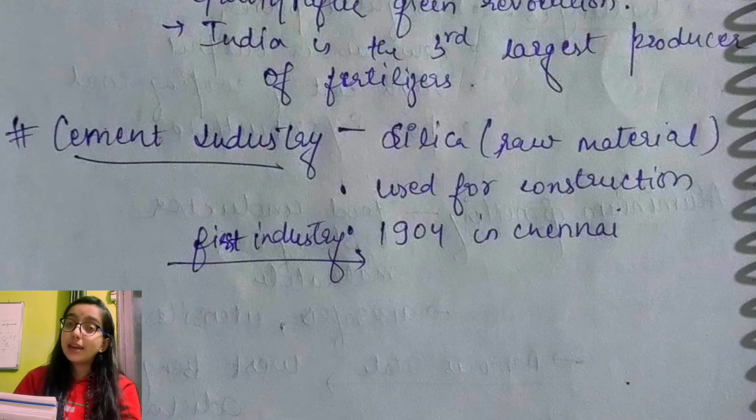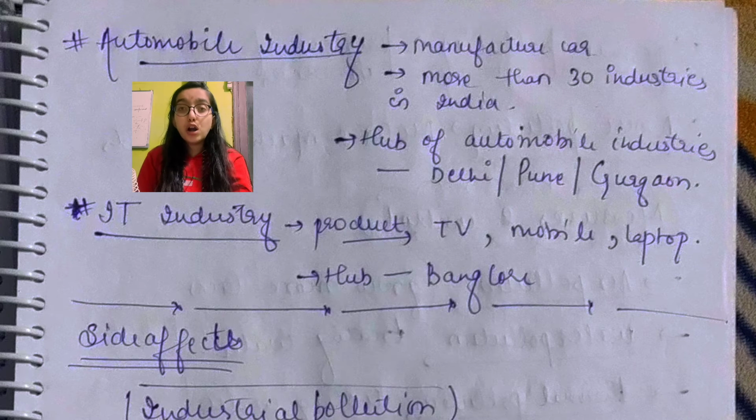Let's move towards the next topic. Now comes the automobile industries. The automobile industries manufacture cars and vehicles, and there are more than 30 automobile industries in India. The hubs, the regions famous for automobile industries, are Delhi, Pune and Gurgaon.